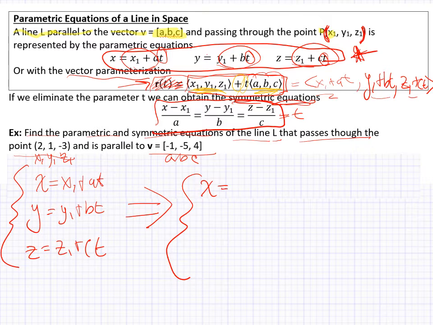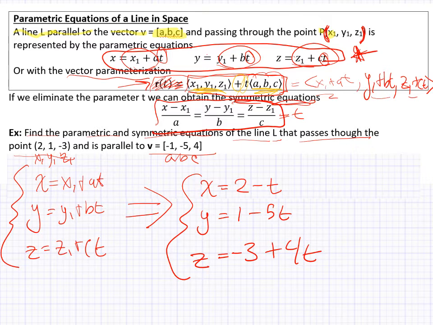x equals 2 minus 1t, y equals 1 minus 5t, and z equals negative 3 plus 4t. That's it.